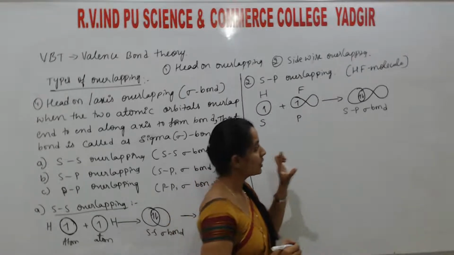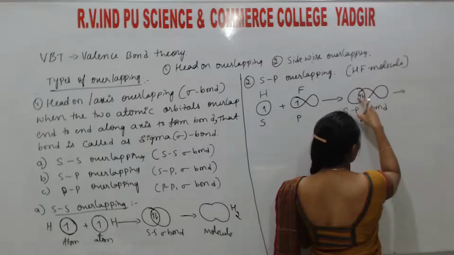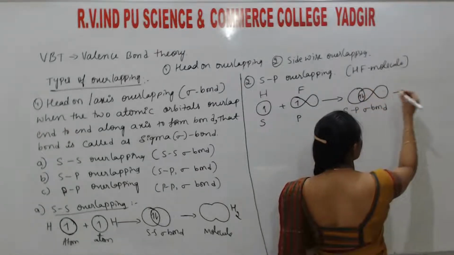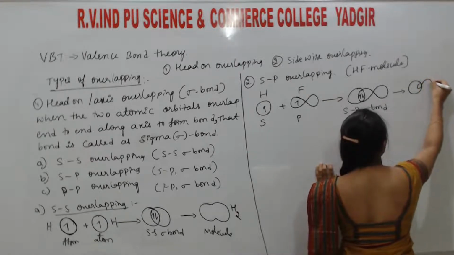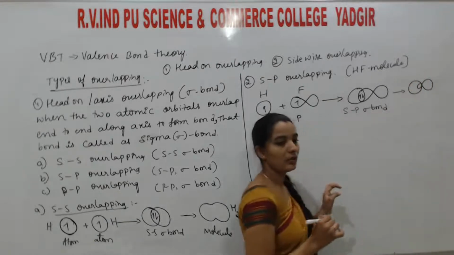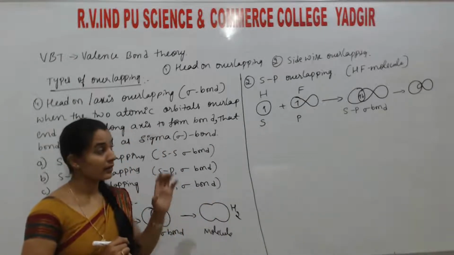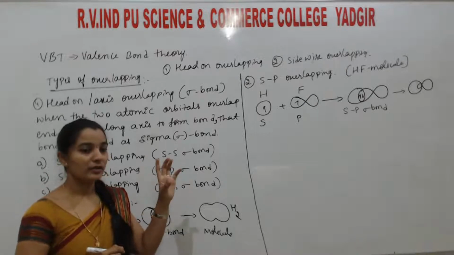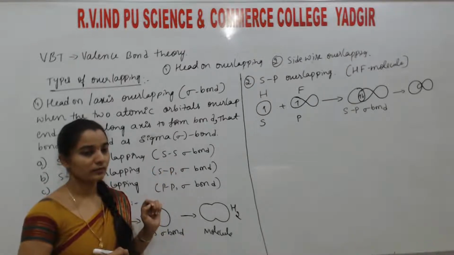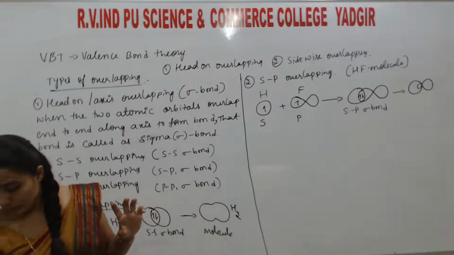Students, now how does the structure become? Listen, this loop is smaller in size, like this. This is how the orbital overlapping takes place. They become smaller in size, with one loop where the electron is not present. Understand? This is not necessary for you.